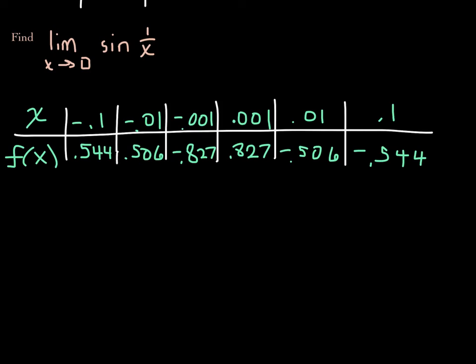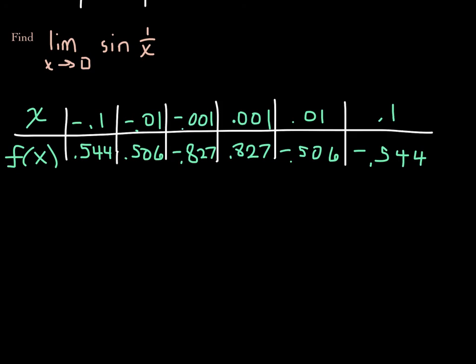So this is interesting. Notice that it seems to be jumping around a lot. We went from 0.544 to negative 5.06, and then all of a sudden negative 0.827, and from the right we're at negative 5.44, negative 5.06, and then positive 8.27. So this is really interesting.